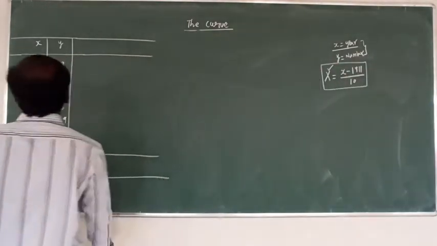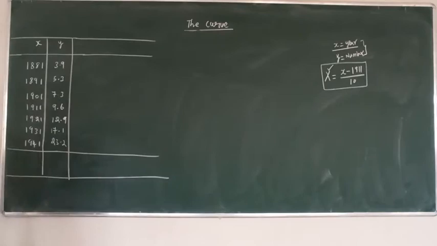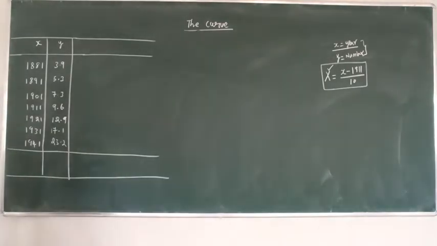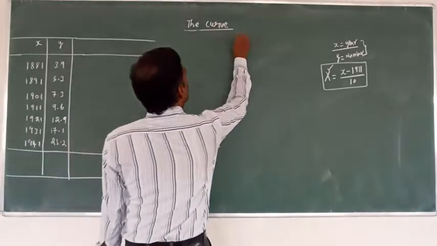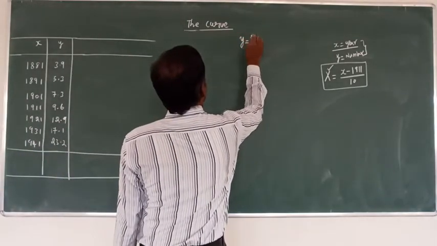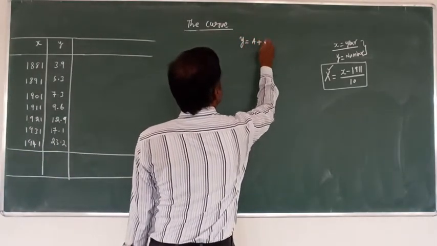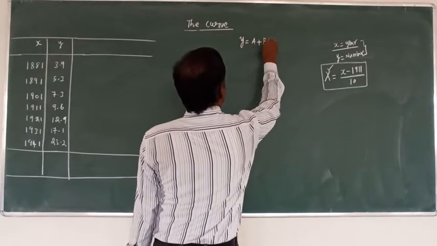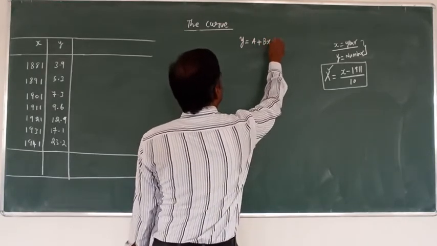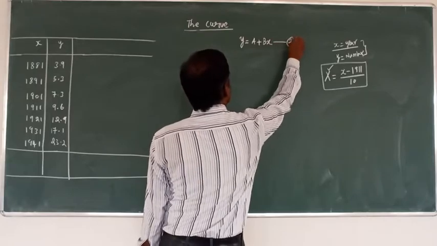So the formula requires y equal to a plus b small x. This is equation number 2.